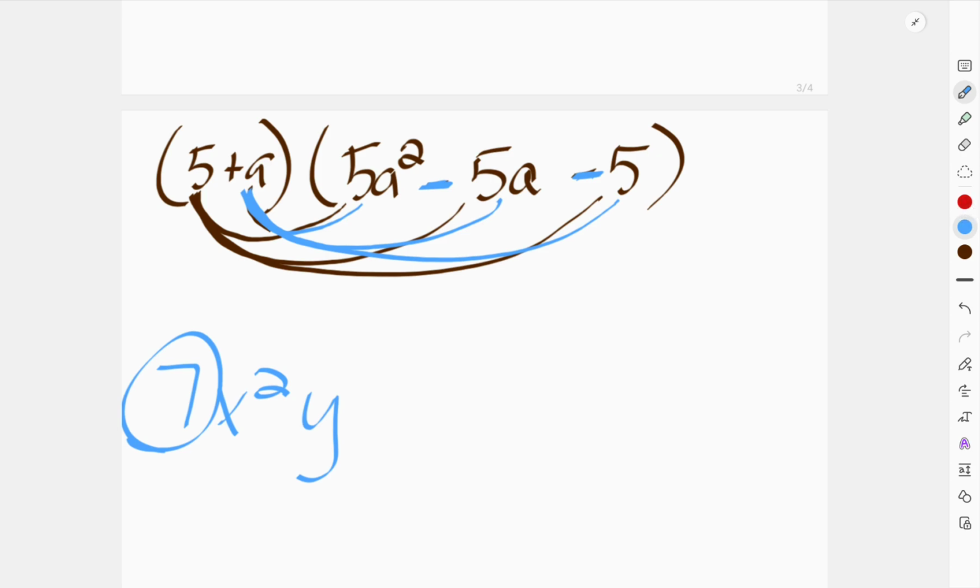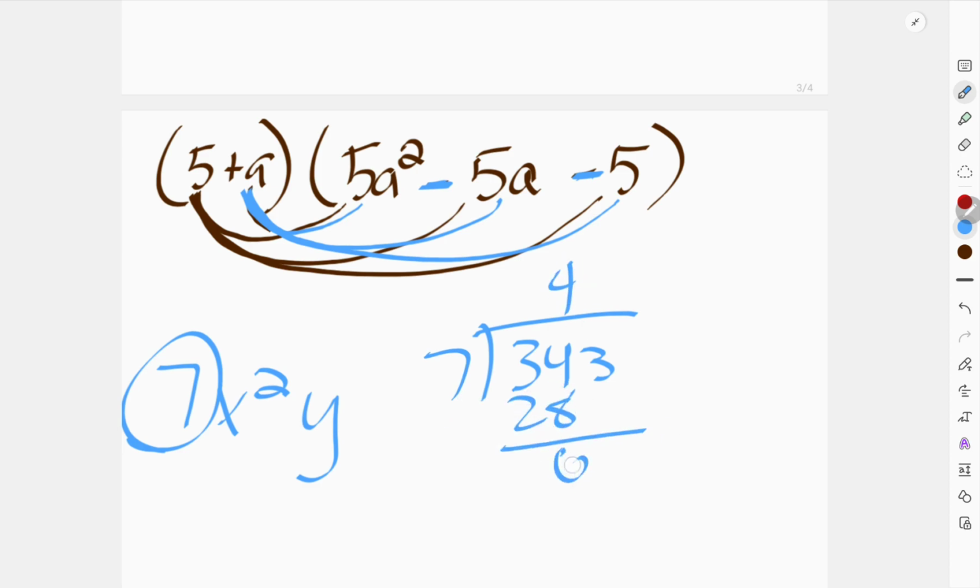So is 7 divisible by 21? Or is 21 divisible by 7? Yes, it goes into it 3 times. Is 343 divisible by 7? I have no idea. I'd have to do it and find out. So 4, 28, 63, 49. So yes. So I would factor all that out.